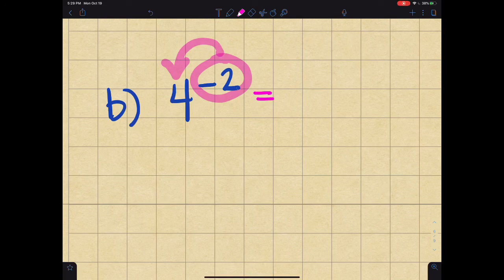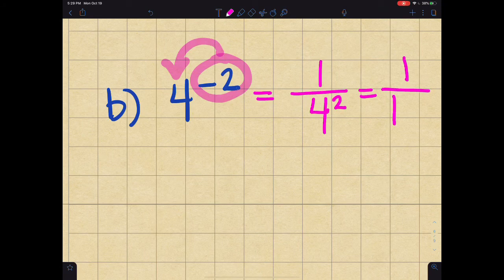So you move that expression from the numerator to the denominator and then change the sign of the exponent. And then you're left with just a 1 on top. So it's 1 over 4 squared, which is the same as 1 over 16.